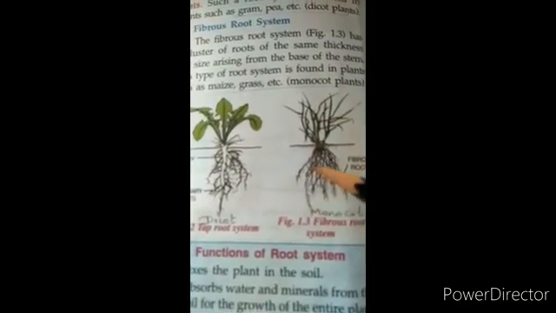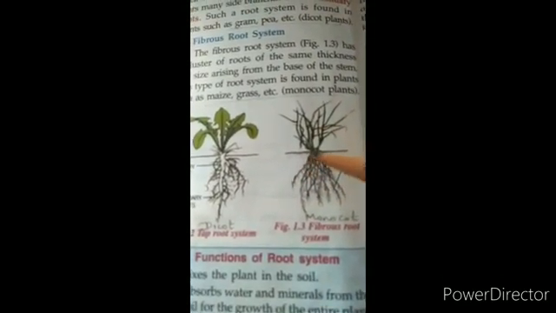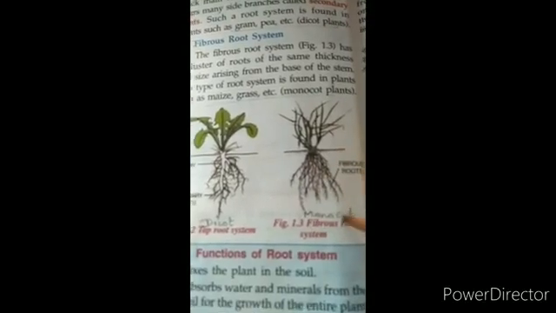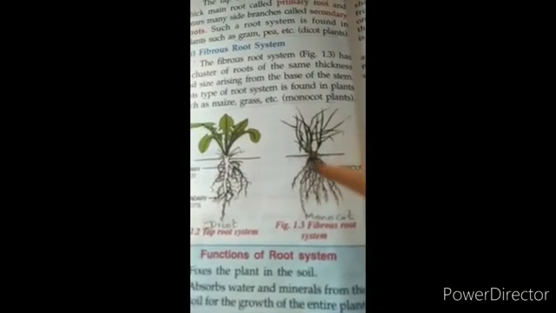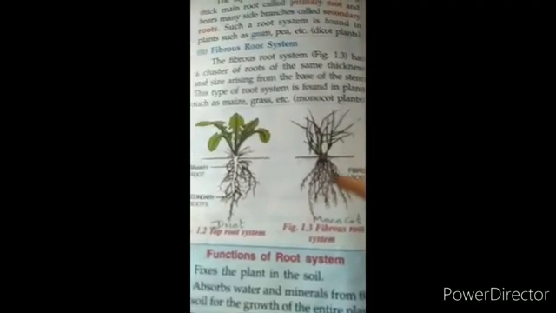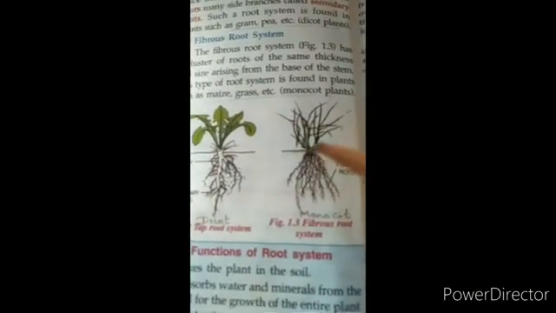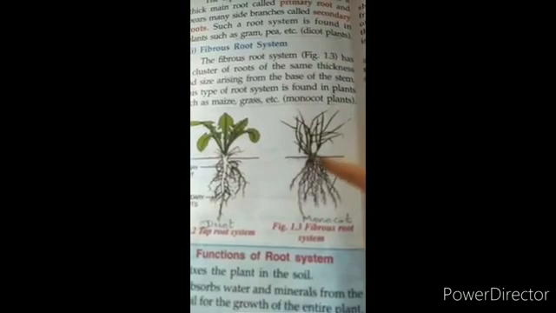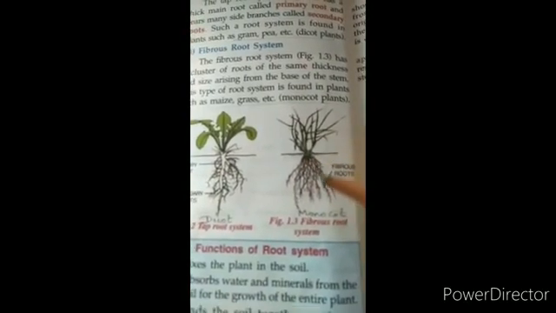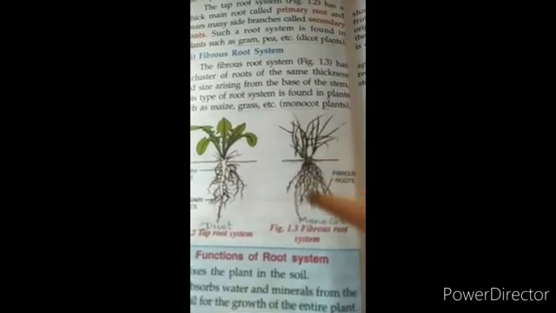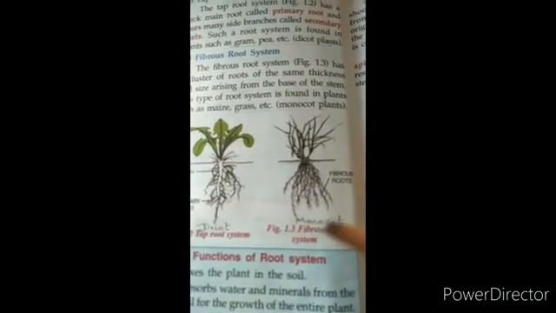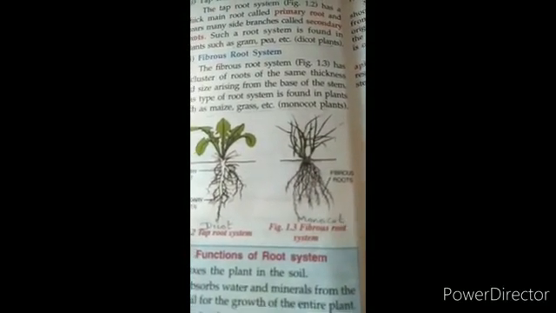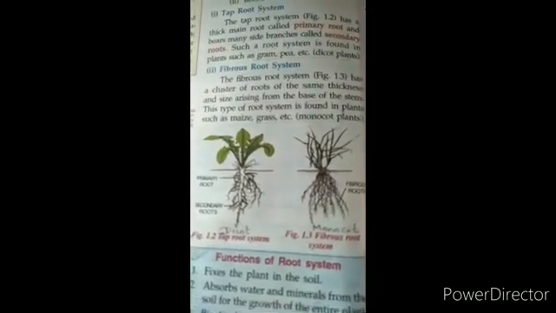So it is just a bunch of roots, mostly of the same size and of the same shape. There is no root that can be called a main or primary root here, and they are all coming out from the base of the stem. Therefore we call it fibrous root, and these fibrous roots are found in monocot plants.